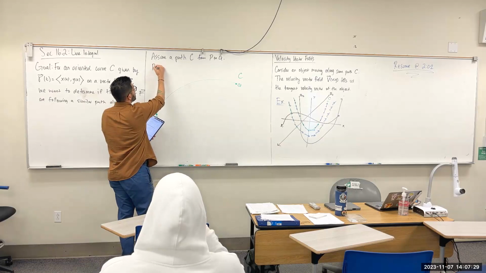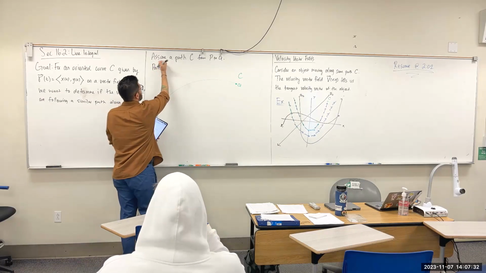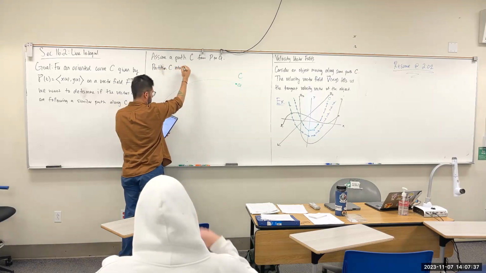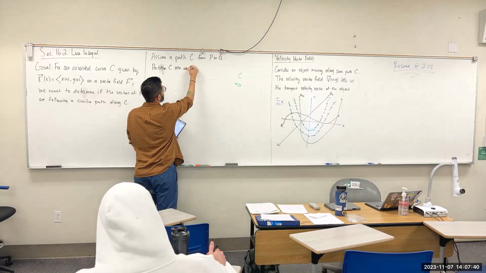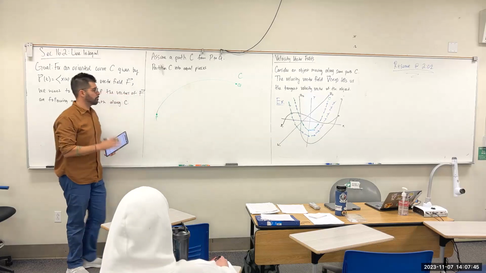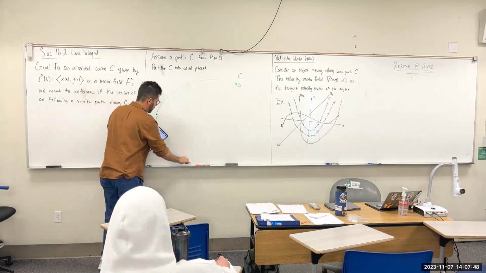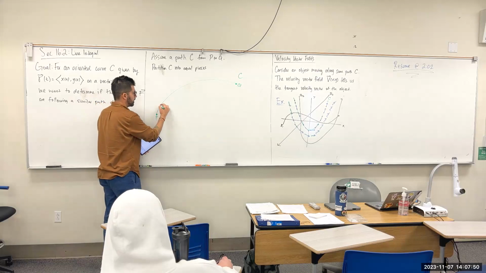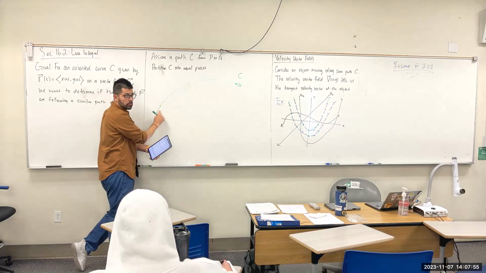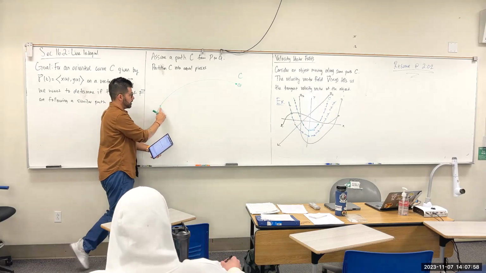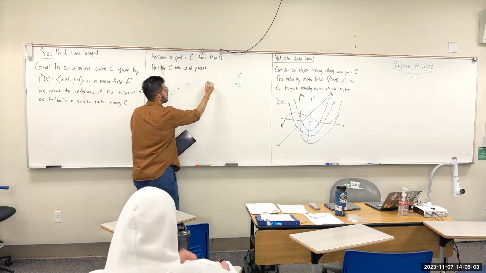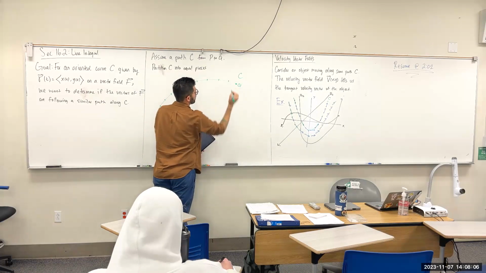We're going to partition C into equal pieces. Just like we've been doing with integrals, we're going to break it up into smaller pieces. By equal, I mean the arc length will be equal. So here, and then here, and here, and here.